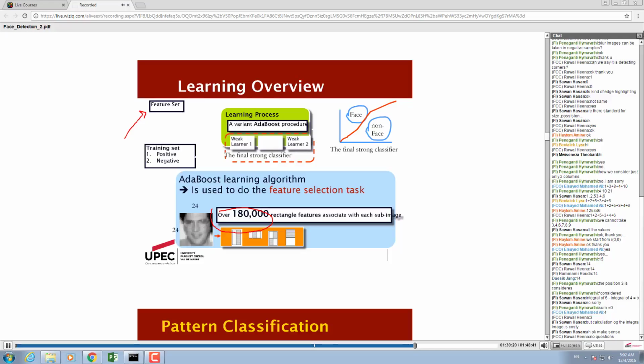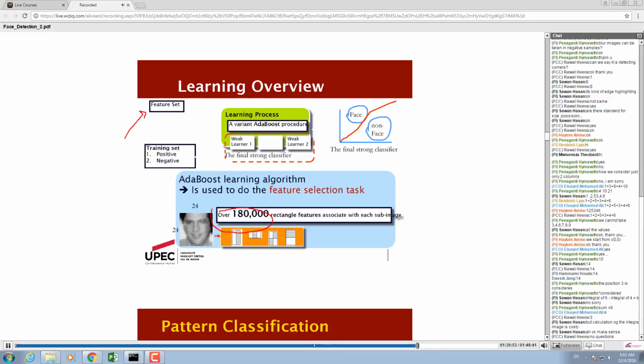As we have already discussed, we have over 100,000 rectangle features, based on size and position. So this feature set is all the possible candidate features we can use for our system, but we are not using all of them finally.